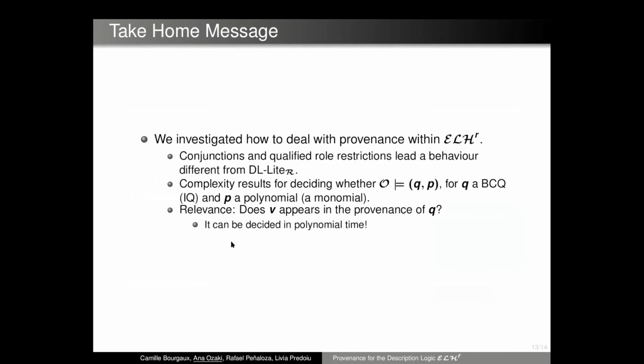And we have complexity results for query languages. For the instance queries, we used a completion algorithm, and for the conjunctive queries, we made a non-trivial adaptation of the combined approach for ELHr.